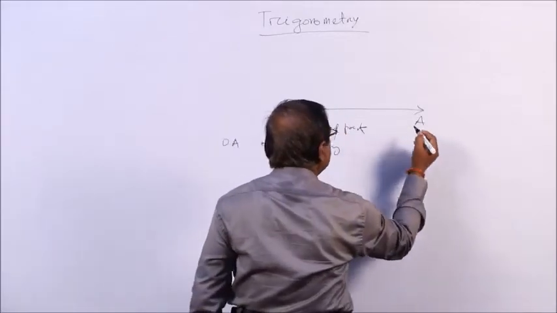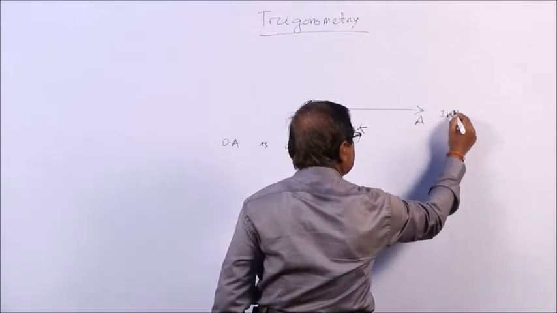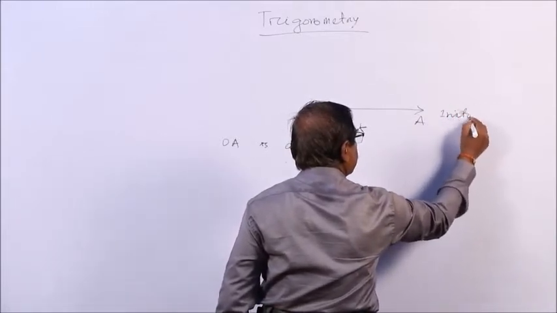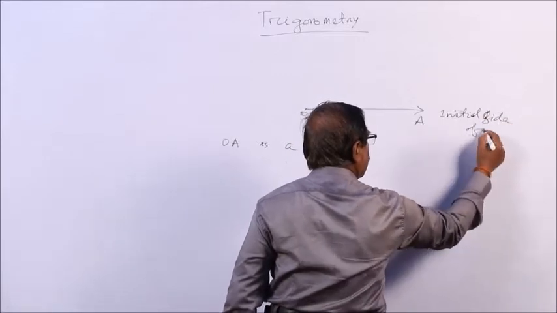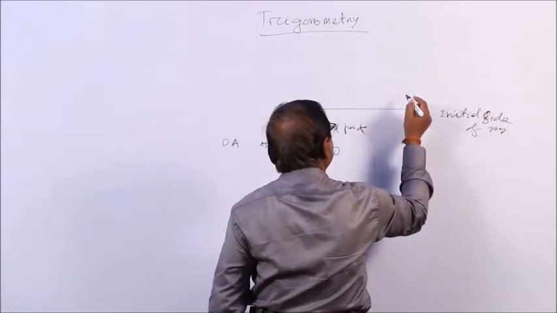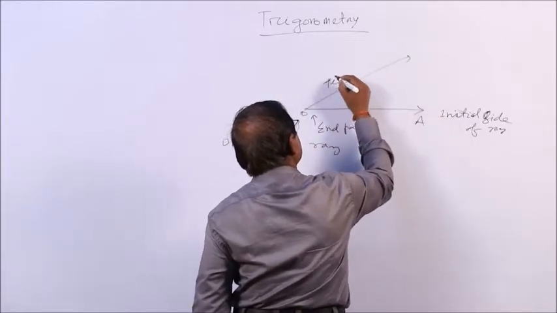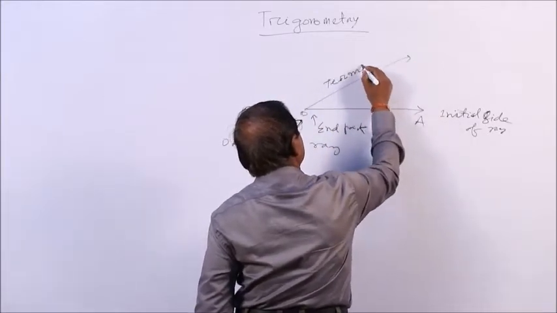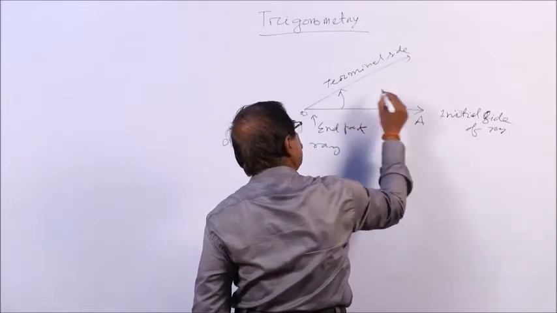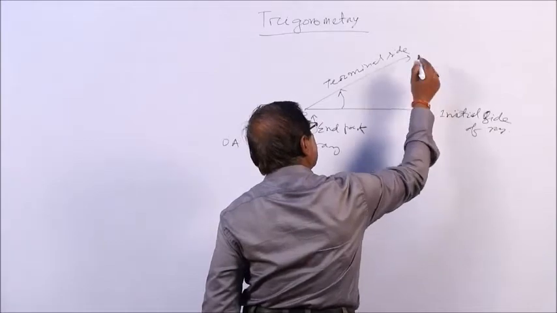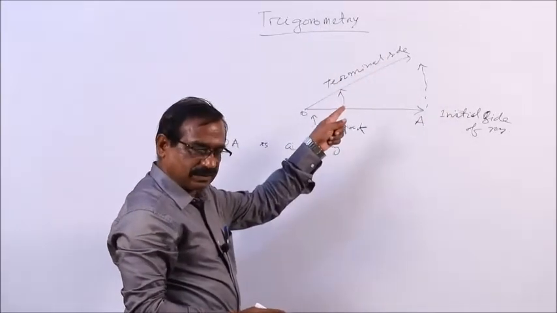This is the initial side of the ray. Suppose you move to this position. This is the terminal side. So, we move in this manner and an angle is created.